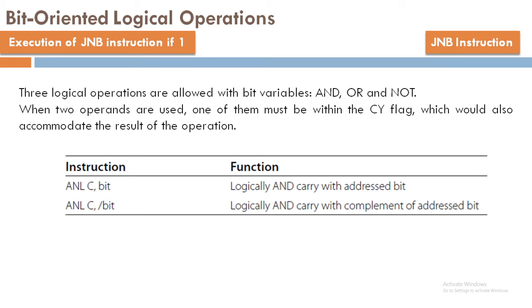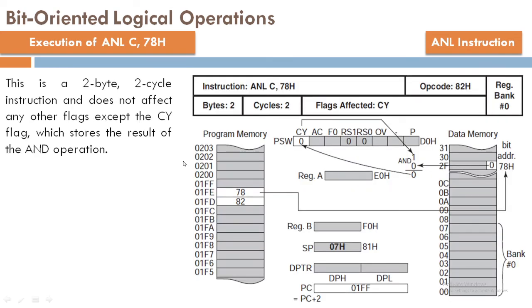In the bit oriented logical operations, we are now discussing ANL C, bit and ANL C, /bit. The /bit is the complement of the address provided. Let's discuss this using a simple example. If you see, we have ANL C, 78.